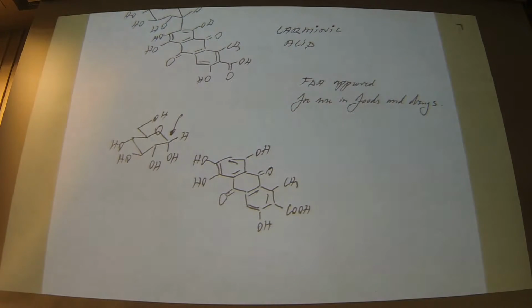So we're going to take a look at this aromatic ring. It's got two ketone substituents, right? And it's got hydroxy, hydroxy, hydroxy. Would you expect that to be activated towards electrophilic aromatic substitution or deactivated towards electrophilic aromatic substitution? Well, what kinds of substituents activate?